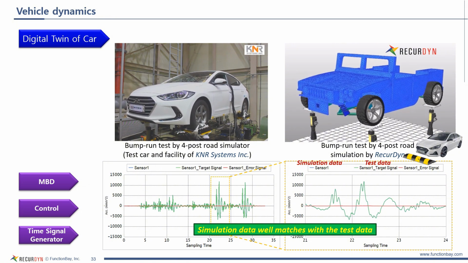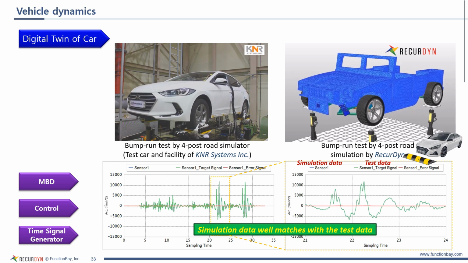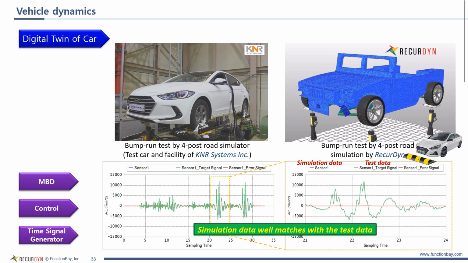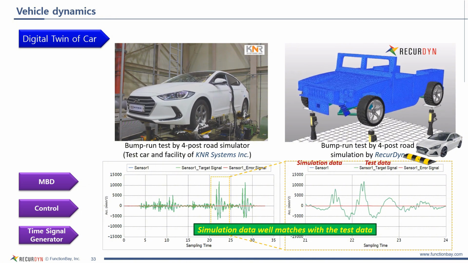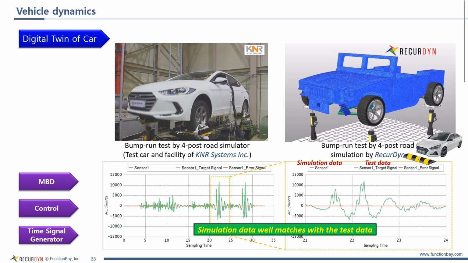This is called TSG, Time Signal Generator. This calculates the movement of the wheels inversely from the actual measurement data through frequency analysis. By using this technology, a wider range of measurement data can be utilized for vehicle testing.